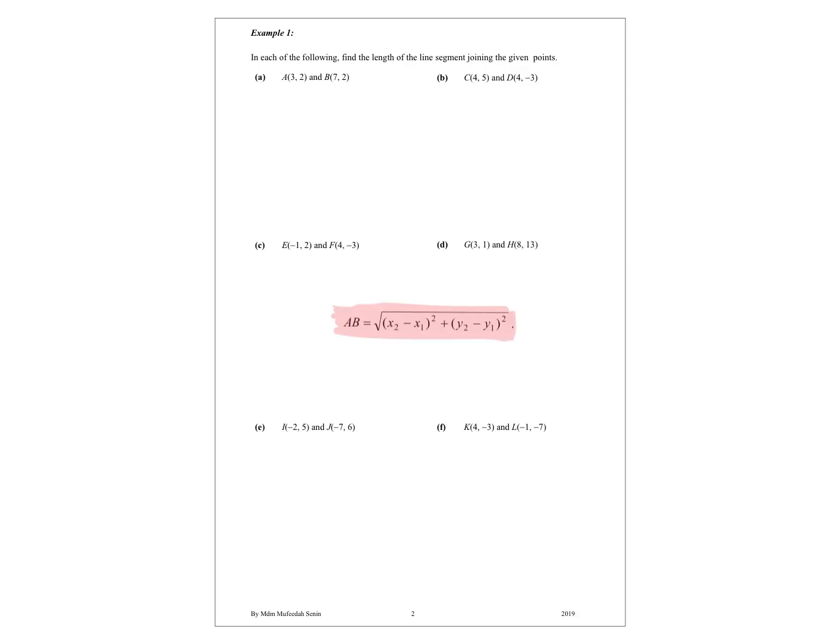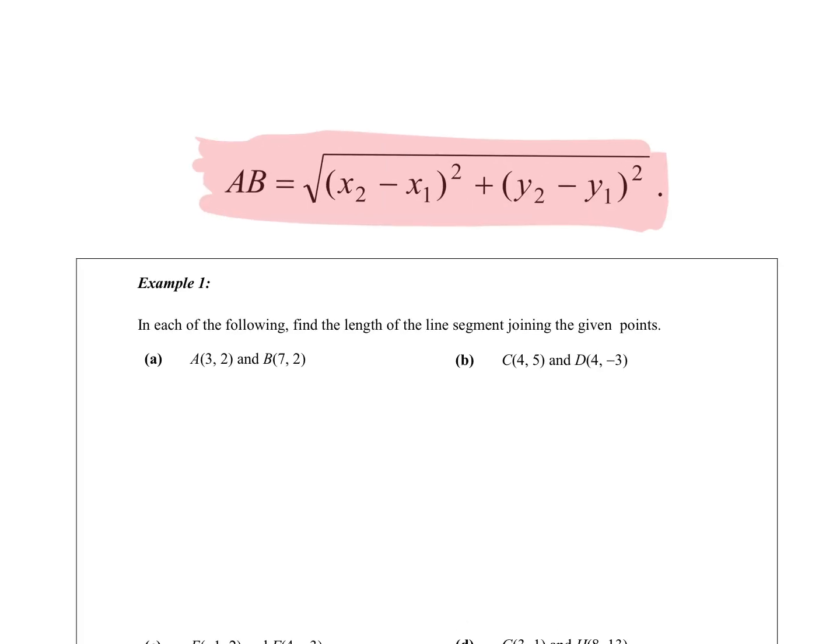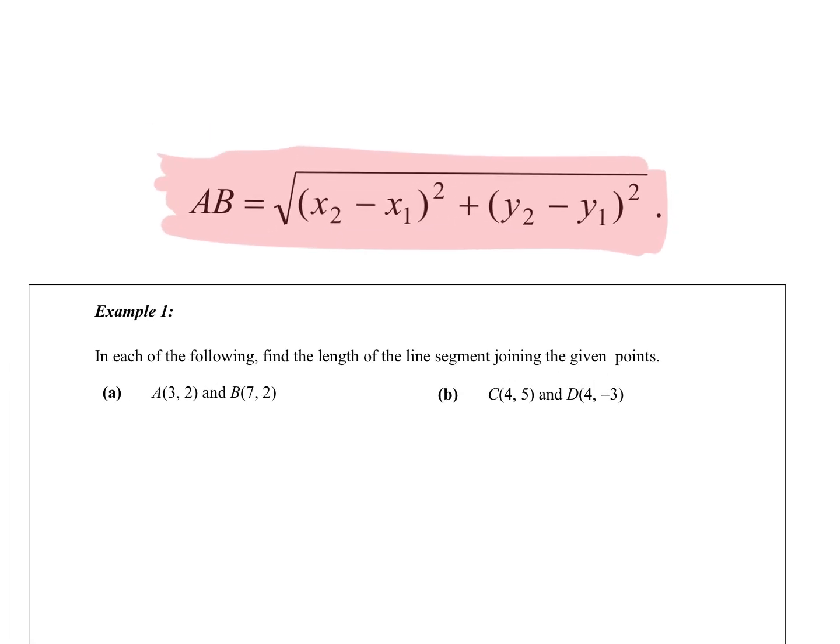Okay, let me put it here. Same formula. Let's try to practice it. So, to find the length AB, you basically take the difference of the x coordinate and then you square it. Okay?